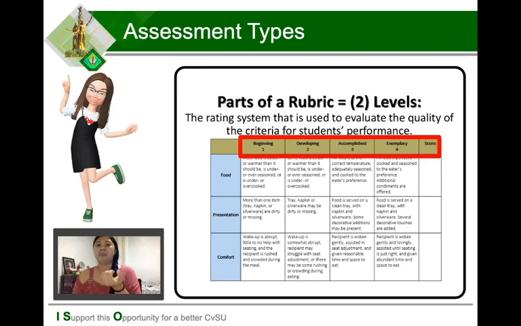But not the odd numbers, the 3, 5, 7. Why? Because sometimes for you to play safe, you will just choose the middle. So let us avoid it when doing the parts of the rubrics. But I'm not saying that it is wrong. It is still correct. But in order for us to avoid answering at the middle, then we can make it even numbers.